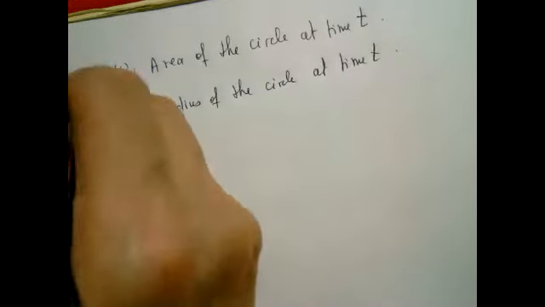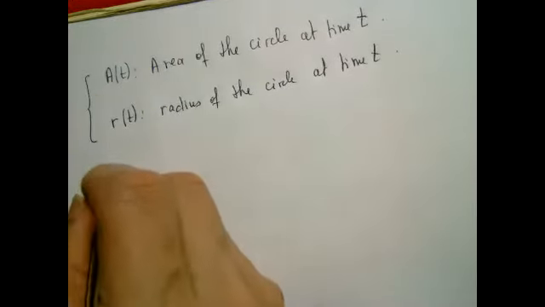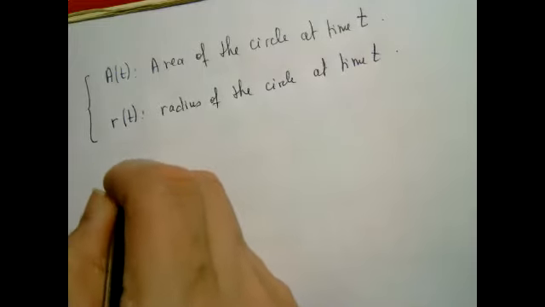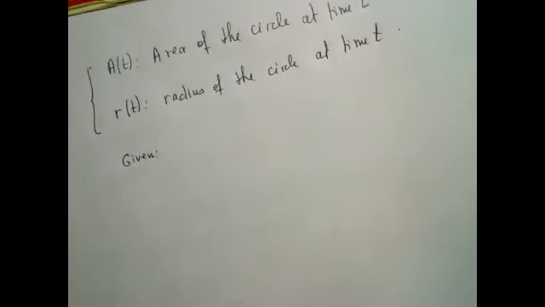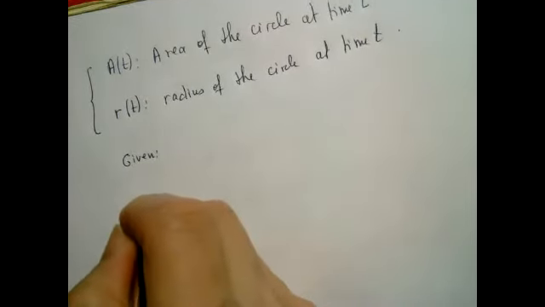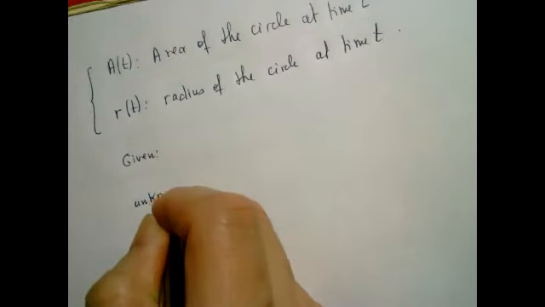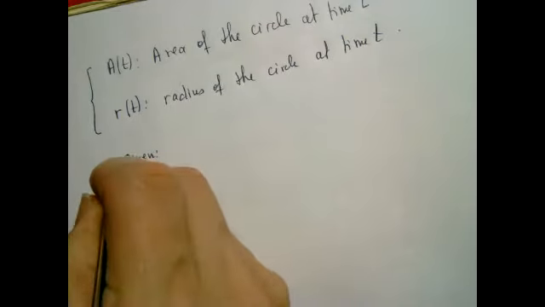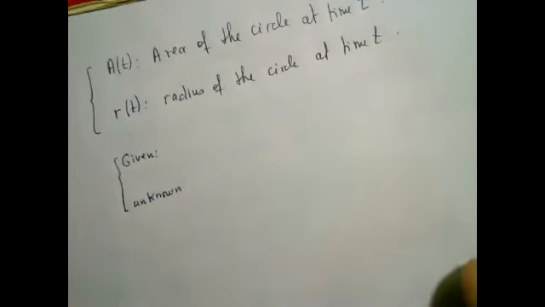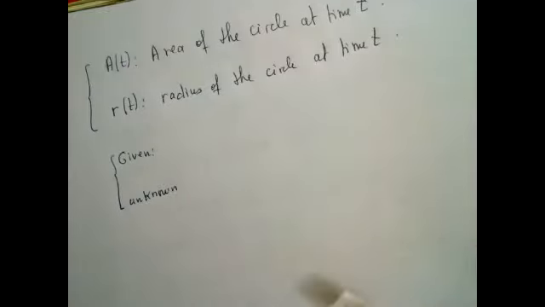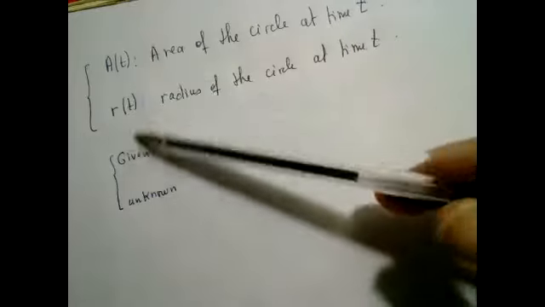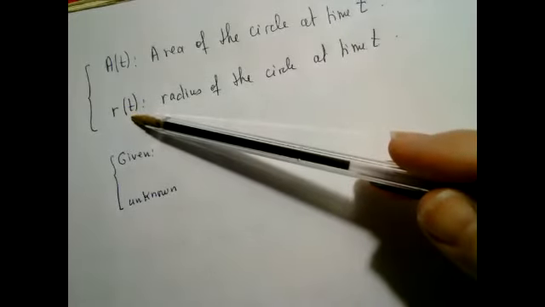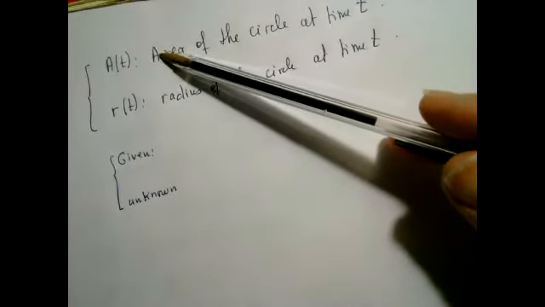The next step, after we read the problem, is to say what is given to us and what is the unknown, or what we're looking for. Most of those problems will involve the following: you will know how fast one of the variables is changing, and you'll have to find how fast the other one is.